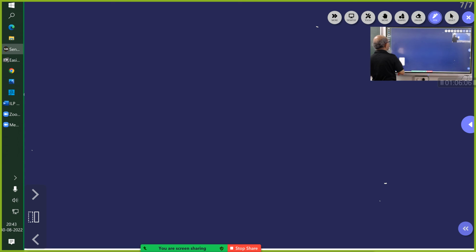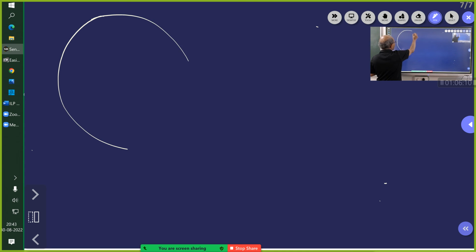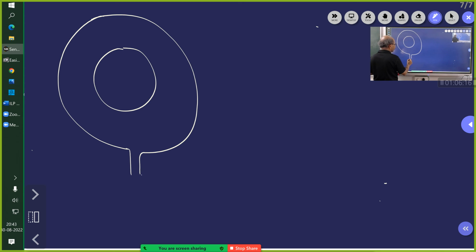So I think all of you should be able to solve this. I'm just showing you the key here. This is the key. This one has to close the key.